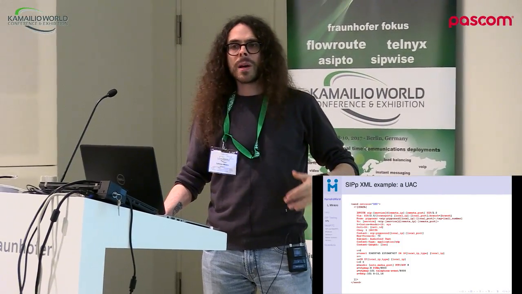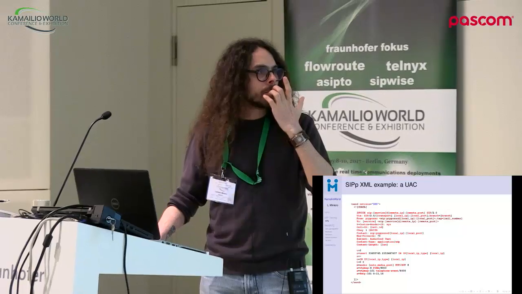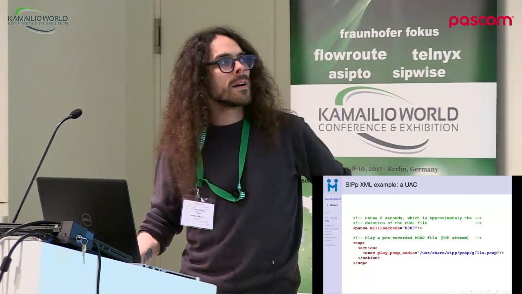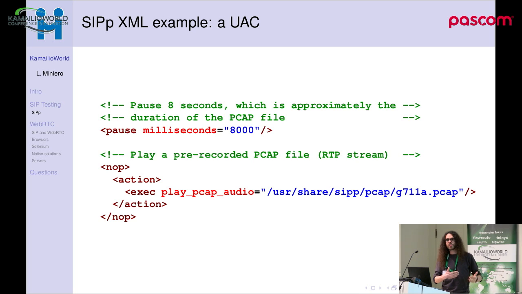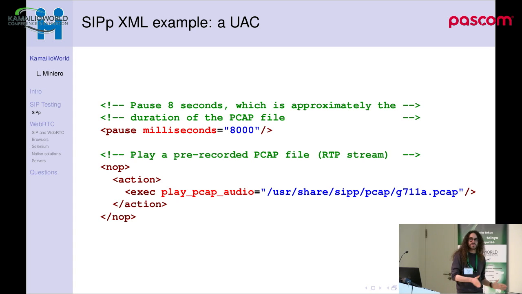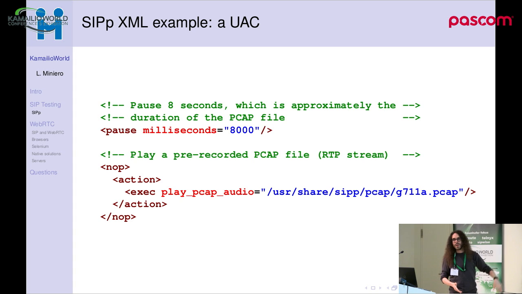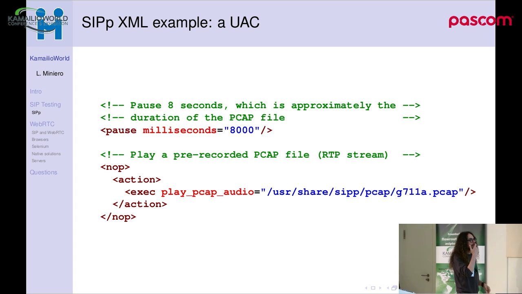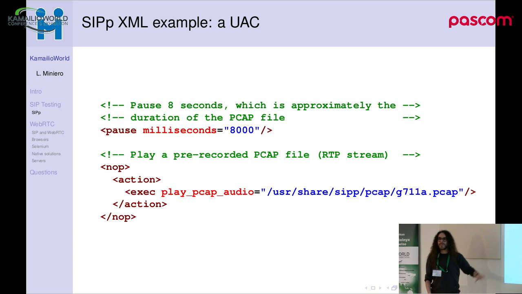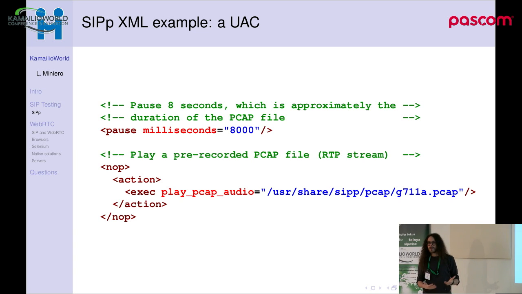And of course, how does media get into this at this point? As you can expect, the ability to send or not send media is actually part of the XML scenario itself, because the XML scenario describes exactly what the SIPp tool needs to do during all the calls that we are going to replicate, which means that it makes sense to have an additional part in the XML file to address exactly this.